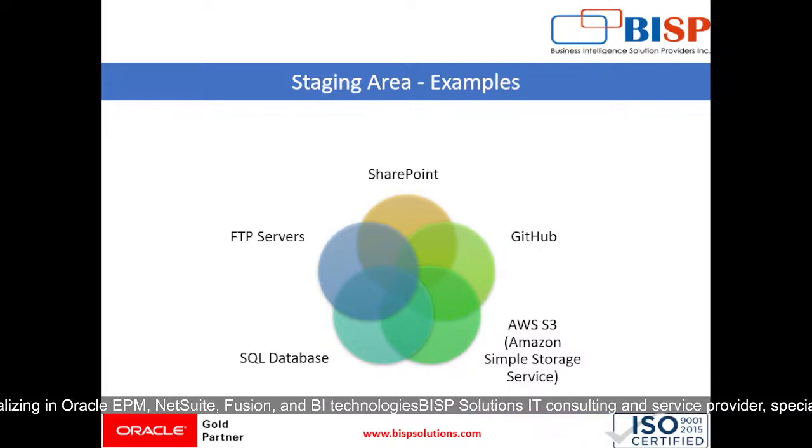Also, if any changes are done in our files which we have downloaded from GitHub, we can get a trigger, or we can understand who changed it, at what time and at what date it was changed. So these are the staging areas.